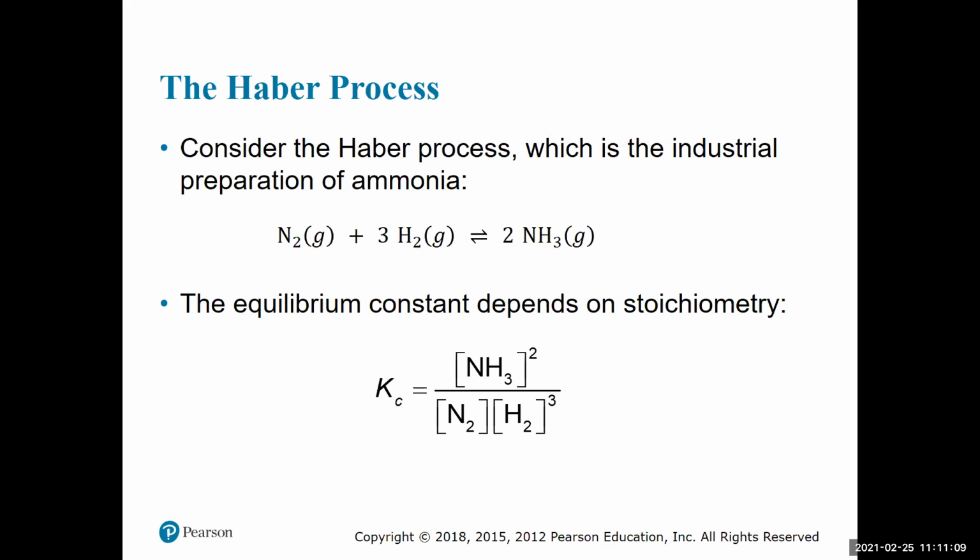Now you notice the NH3 has an exponent of 2, the H2 has an exponent of 3. That comes from our balanced chemical equation. So the coefficients in the balanced chemical equation are the exponents in our equilibrium expression. Okay, so we'll talk about this a couple more times because this is important. We need to remember this.